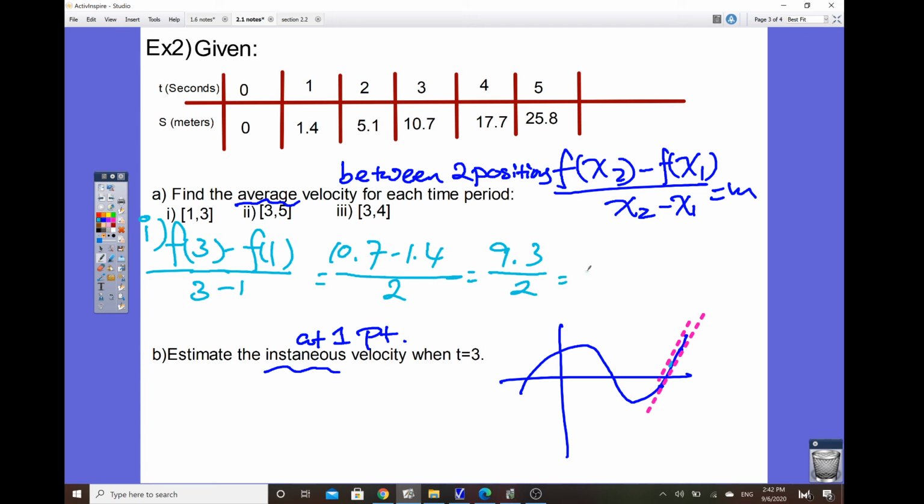Using the calculator or just converting to fractions, it's up to you. You can do it either way. So 9.3 divided by 2 would be 4.65.